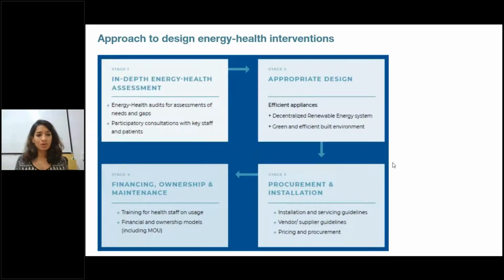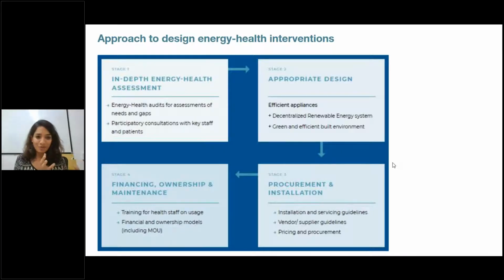So broadly, the approach to designing health energy interventions begins with an in-depth health energy assessment. We then go on to design the solution as a combination of efficient appliances, renewable energy, and wherever possible, built environment components. Looking then at the procurement and installation and the key stakeholders involved there.